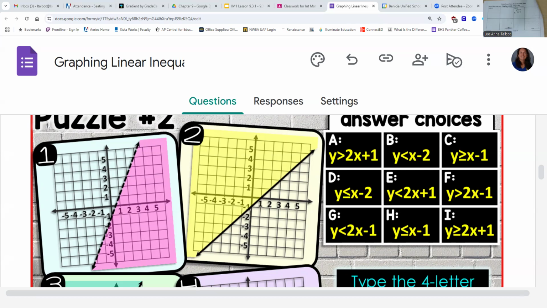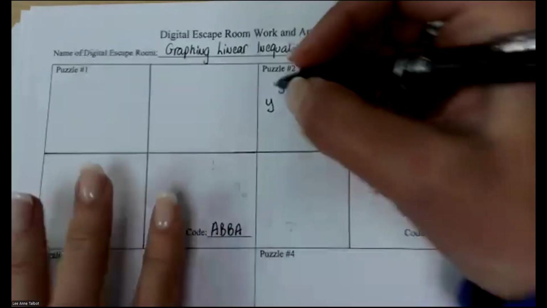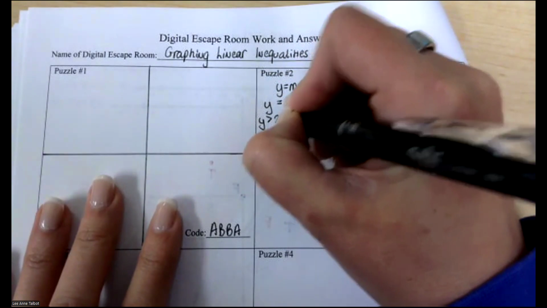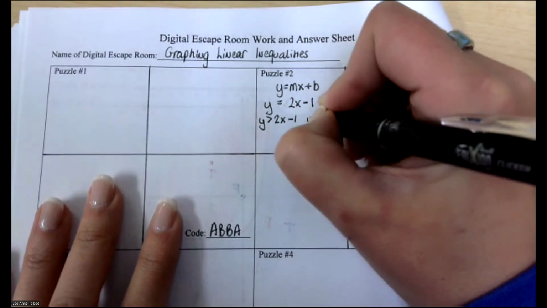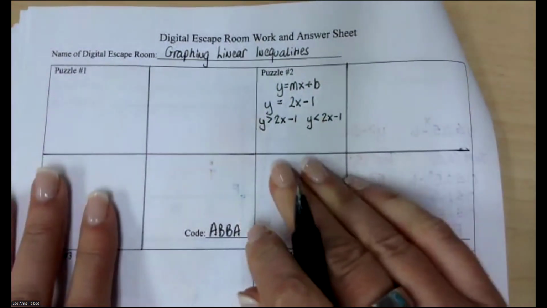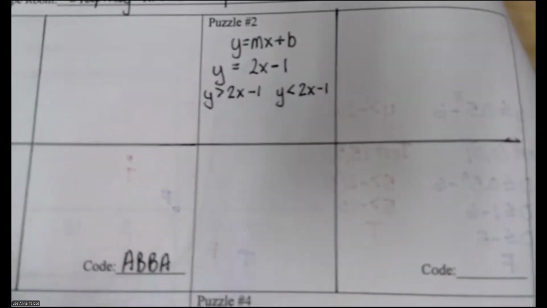Okay, you also notice that it's dashed. So it's either this or this. Those are your only two options.